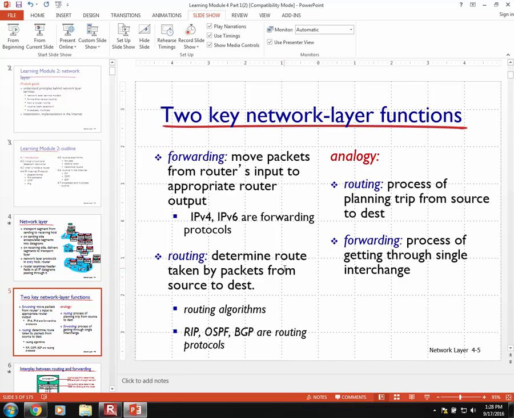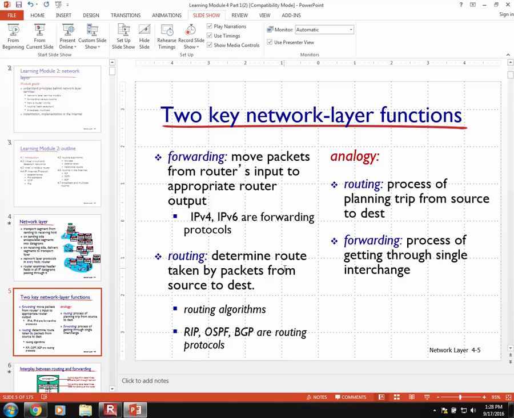So by looking at the IP addressing and subnet information, the router is able to look at the IP headers and the addressing and determine what output port the IP packet should be going to.